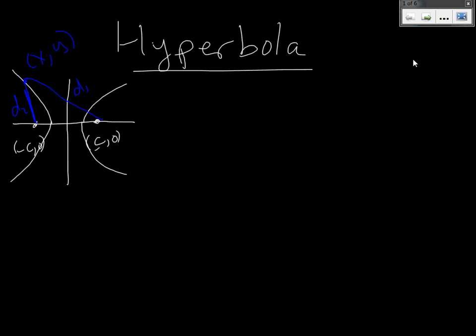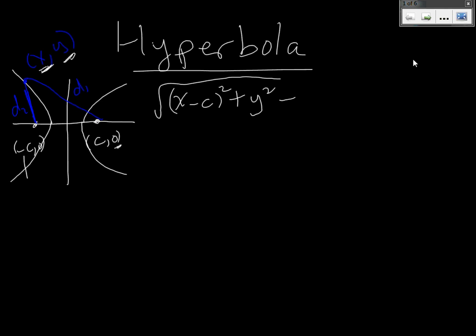Now distance 1. Well, you subtract the x values, x minus c, you square it, you add on the difference between the y values, y minus 0 is y, you square that. That's d1 minus d2.